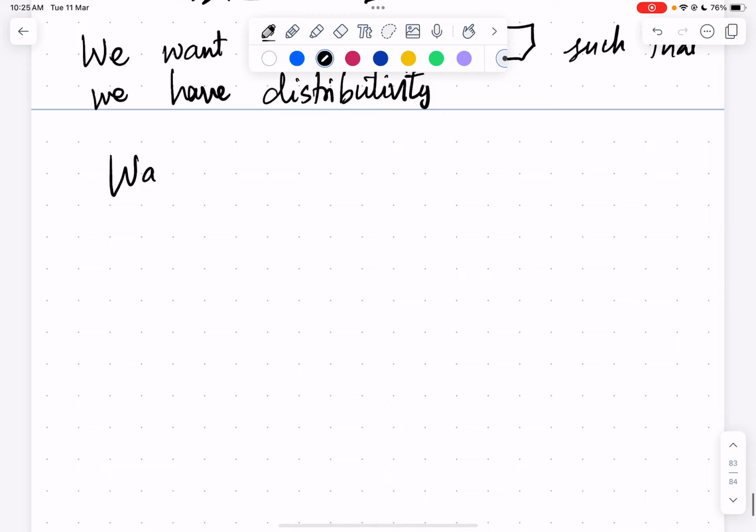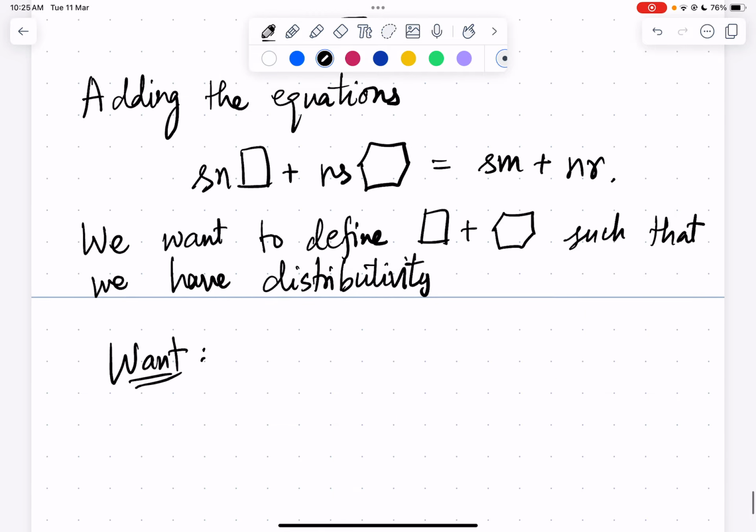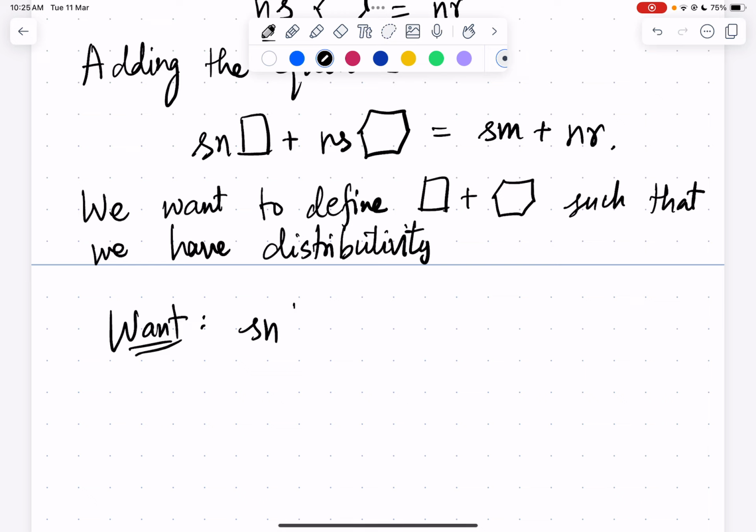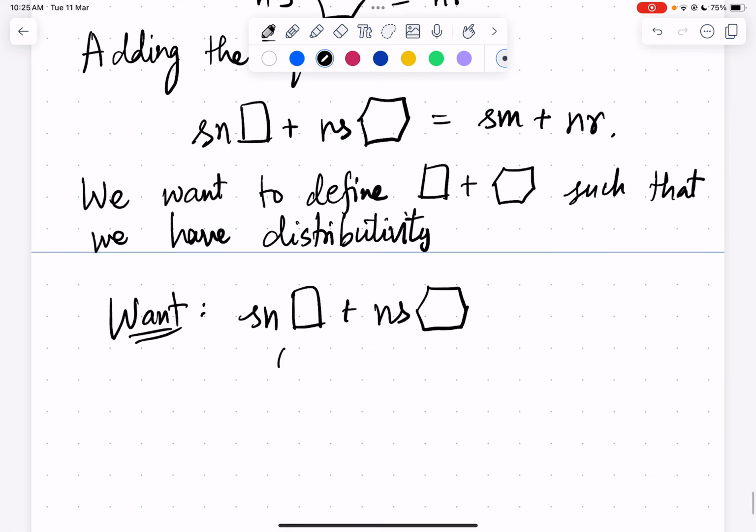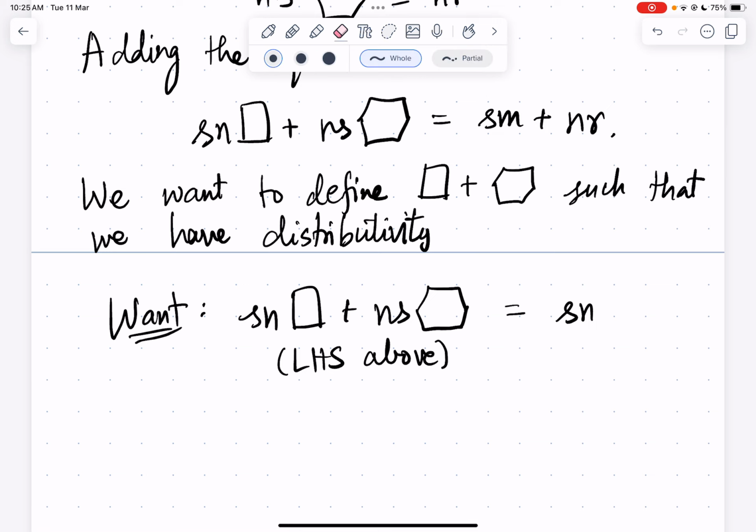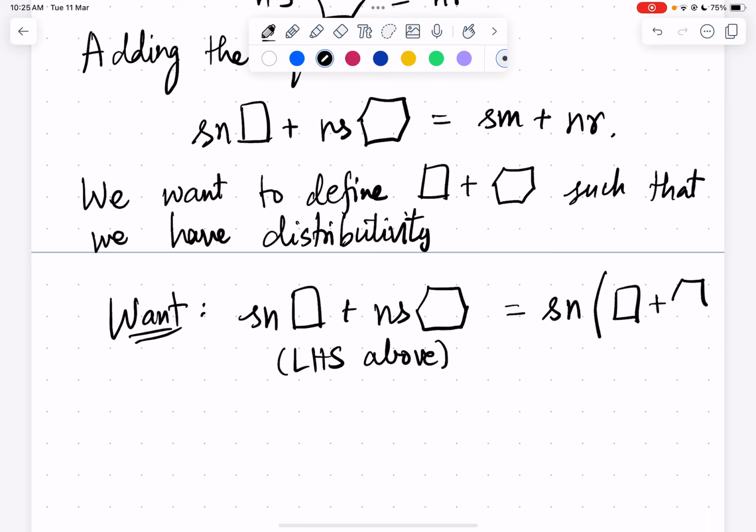So sn box plus ns hexagon, this is the LHS above, equals, we want to define box plus hexagon such that we can take ns common. So we want this property to hold.